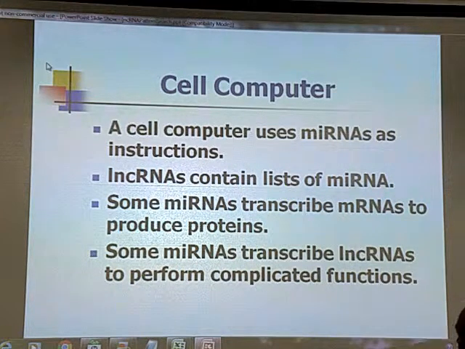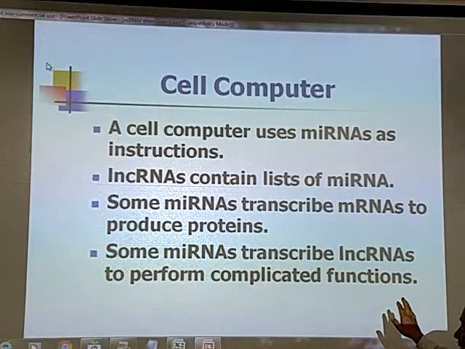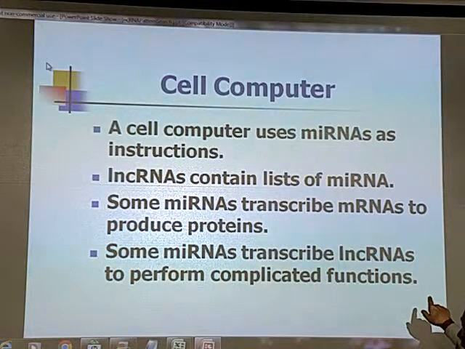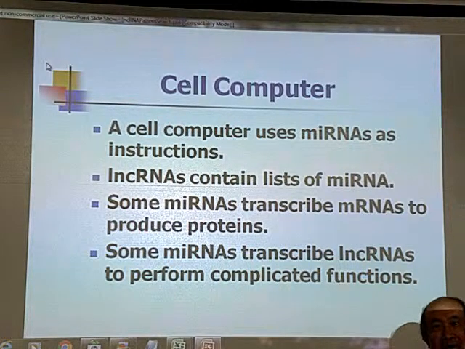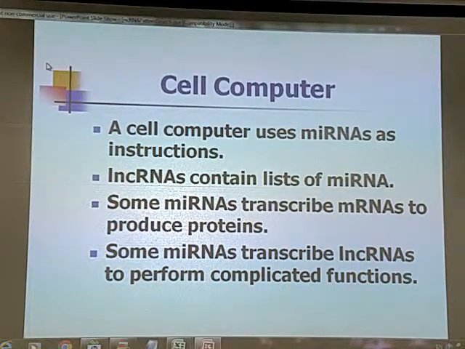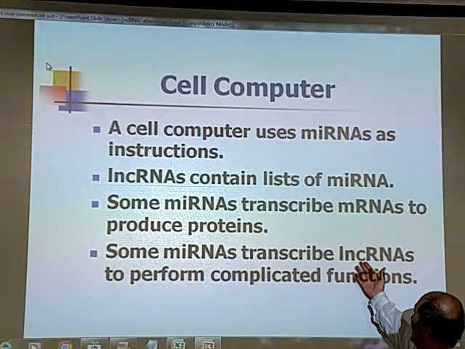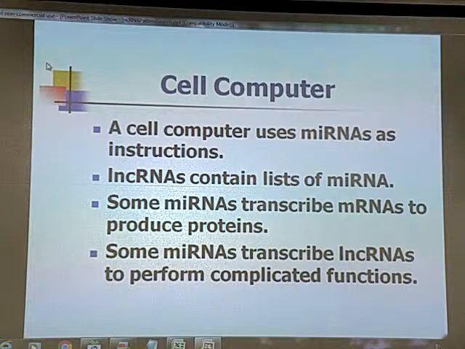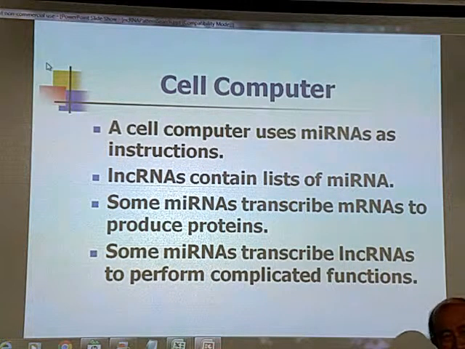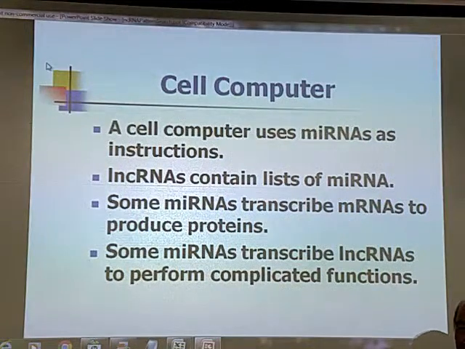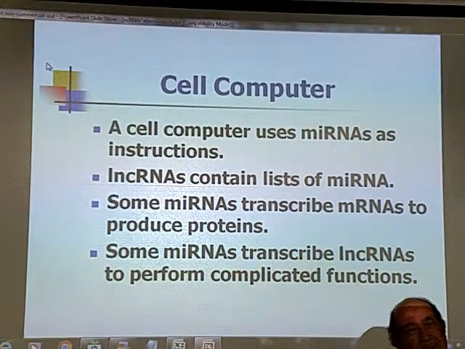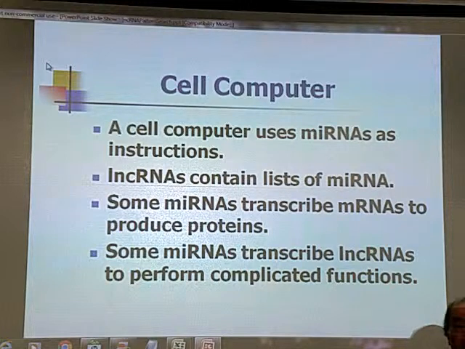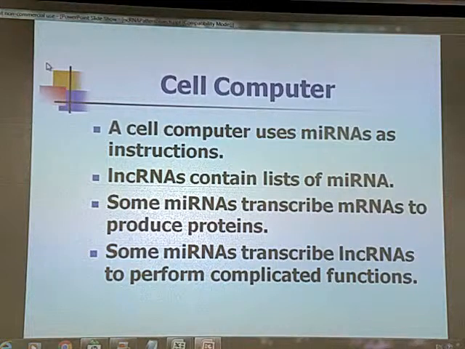And some microRNA transcribe long non-coding RNA, and this long non-coding RNA contains a list of microRNA, and each of them performs its own work. So for complicated functions, you need long linear RNA, which contains many microRNAs, and each microRNA may call upon another long non-coding RNA to perform even more complicated things. So this is just like Forth.